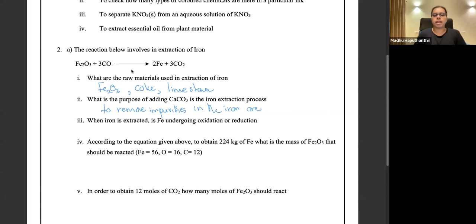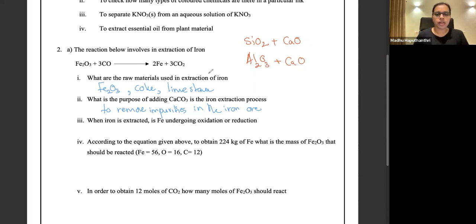Yes, that is a simple idea. So this answer is enough for the question, but I will just highlight what the impurities are. You can have silicon dioxide, or simply silica, and then aluminum oxide. So to remove these, we are using calcium oxide. This calcium oxide is coming from the thermal decomposition of calcium carbonate.